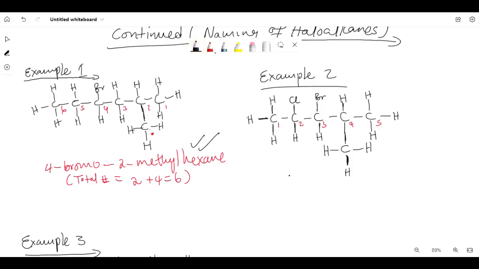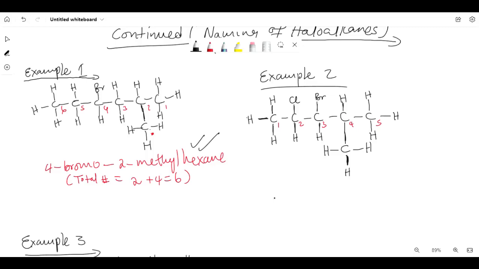Now I can start naming. My chlorine is number 2, my bromine is number 3. Even though my chlorine is number 2, when I write my name I won't start with chloro, because bromine comes before chlorine alphabetically.